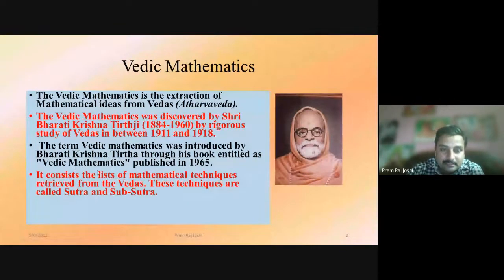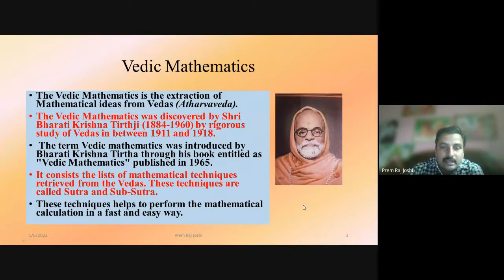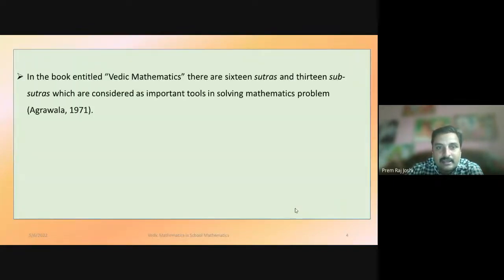Another important feature of Vedic mathematics is that it is very well known, very famous, for its very fast and easy methods. Here I have taken some statements written by some researchers.